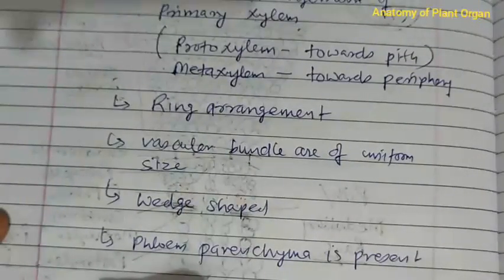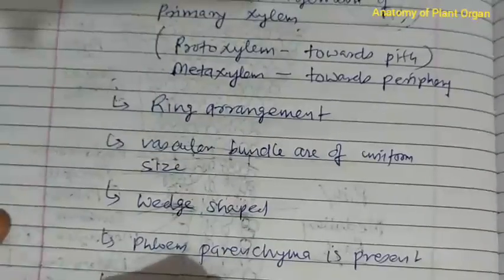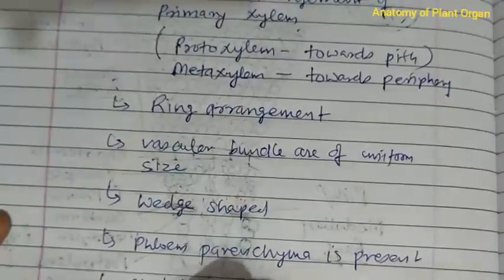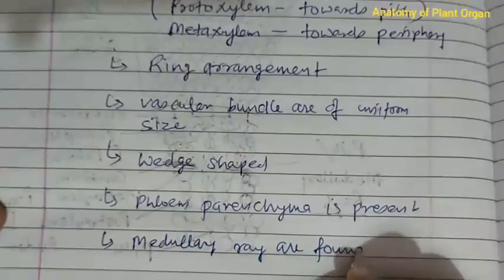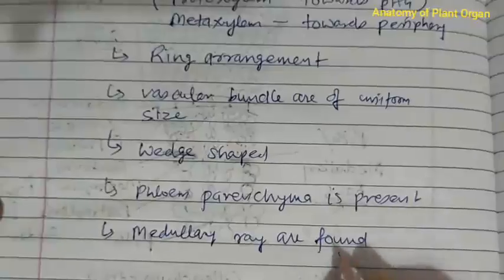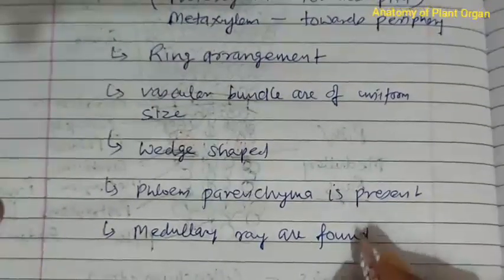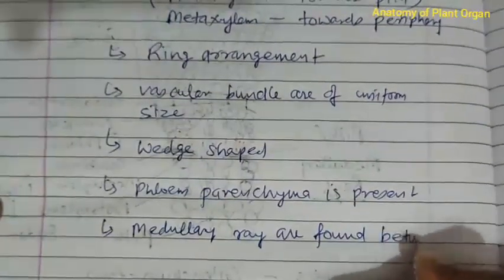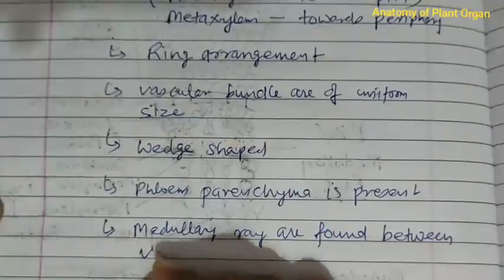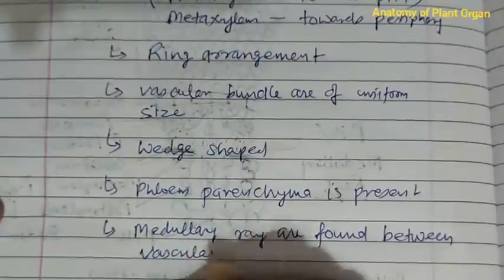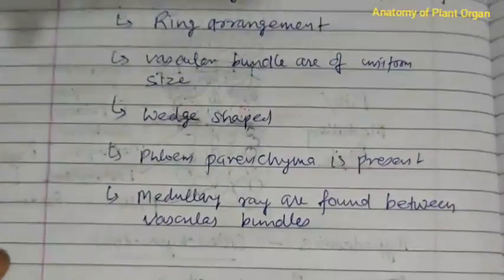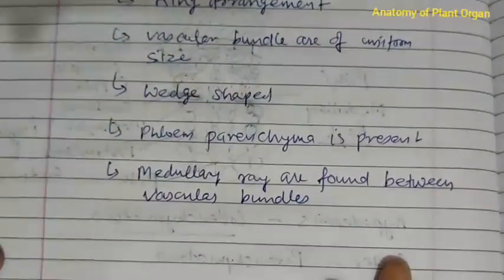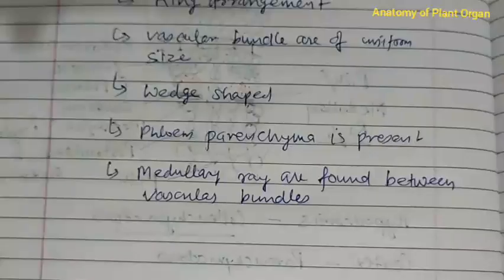Medullary rays or pith rays are found between vascular bundles.